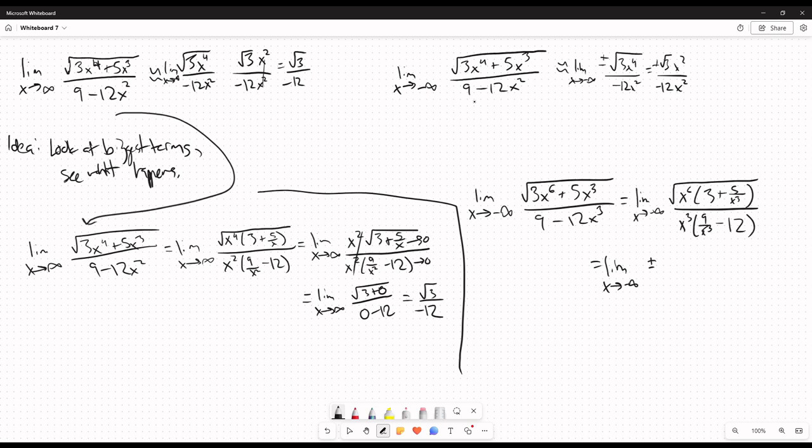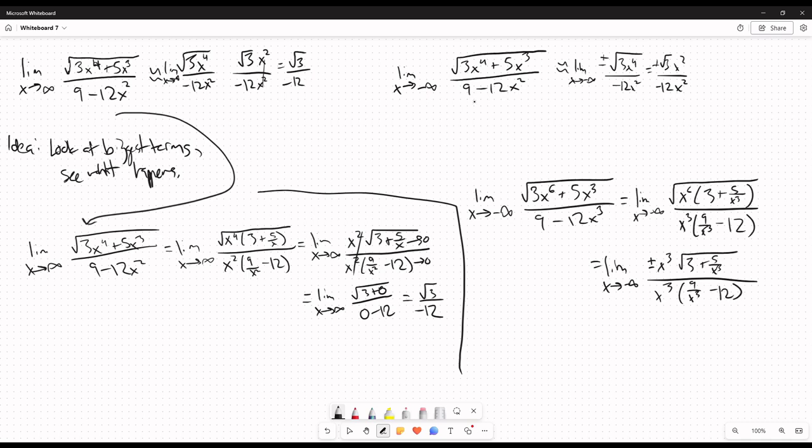We'll have plus or minus the square root of x to the 6th, so plus or minus x to the 3rd, times the square root of 3 plus 5 over x cubed, over x cubed times 9 over x cubed minus 12.